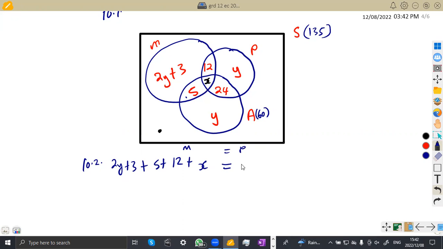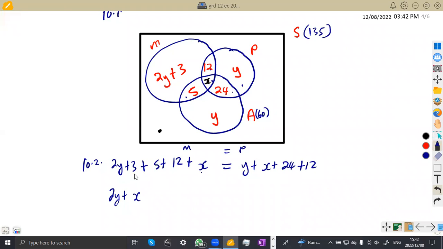So in P, there is y plus x plus 24 plus 12. That's y, x, 24, and 12. Everything in set P. So these two are equal. If they are equal, then let us simplify and see what we have. So you're going to have 2y plus x here.